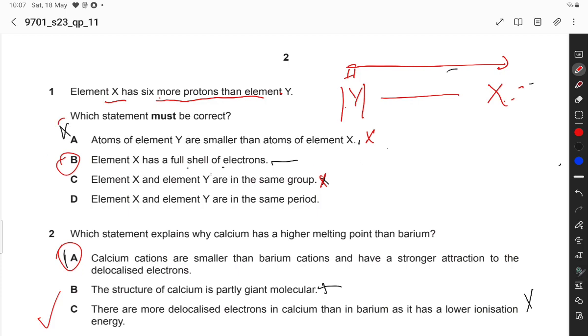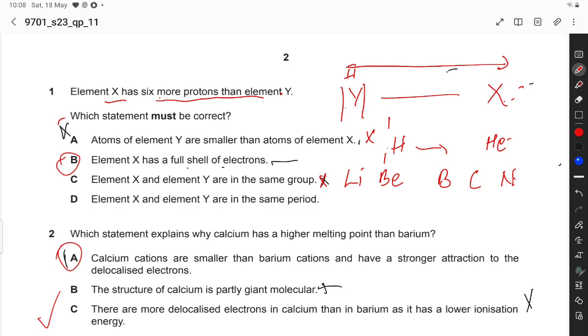Element X has a full shell of electrons. X has 6 more protons. Let's say we assume hydrogen has 1, and then helium, lithium, beryllium, boron, carbon and nitrogen.